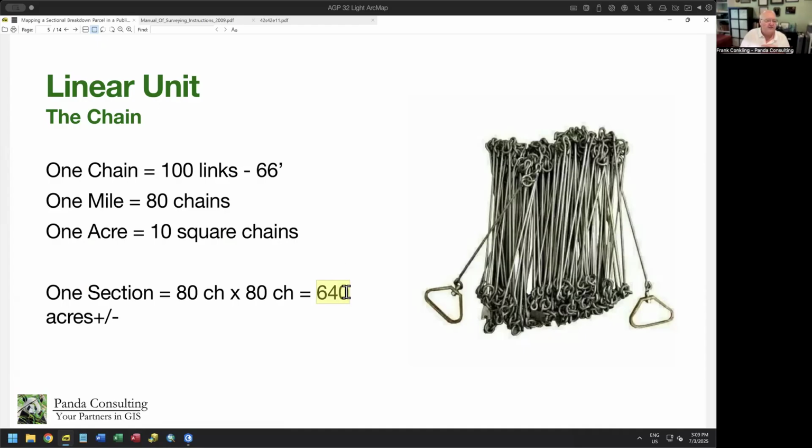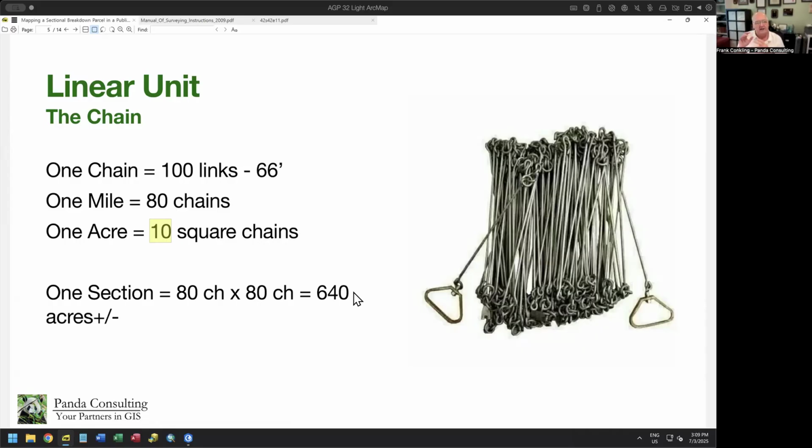If you take 80 times 80, that's 6,400 square chains, and an acre is equal to 10 square chains. So you just move a decimal over one place, and it now tells you how many acres you own. So if a farmer's land is defined as being 5 chains times 20 chains, they can quickly say, oh, 5 times 20 is 100.